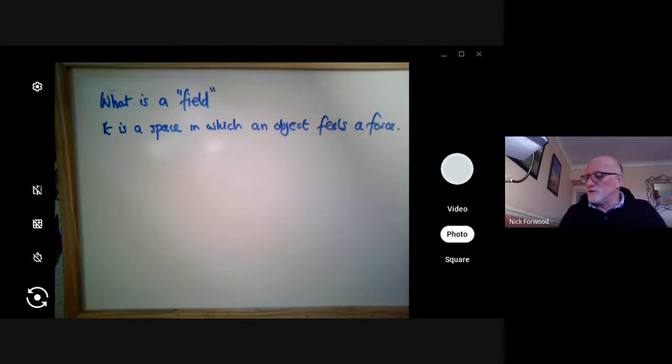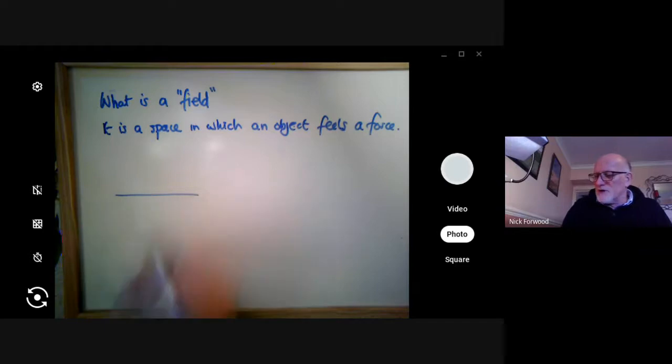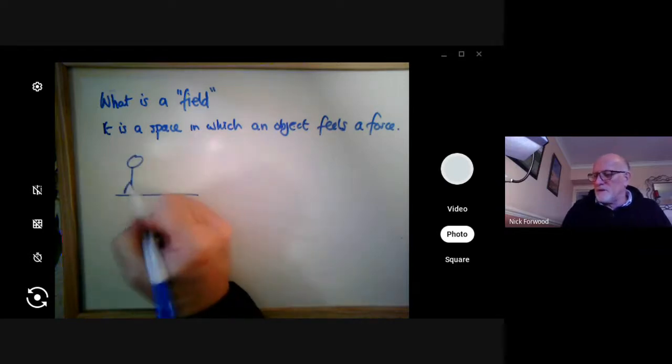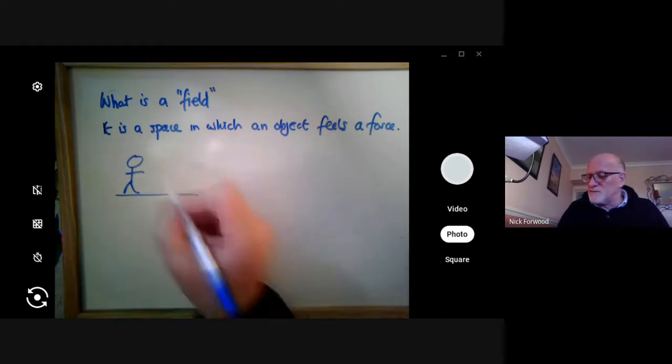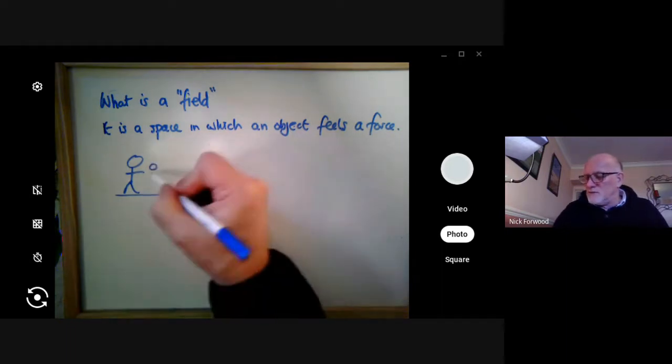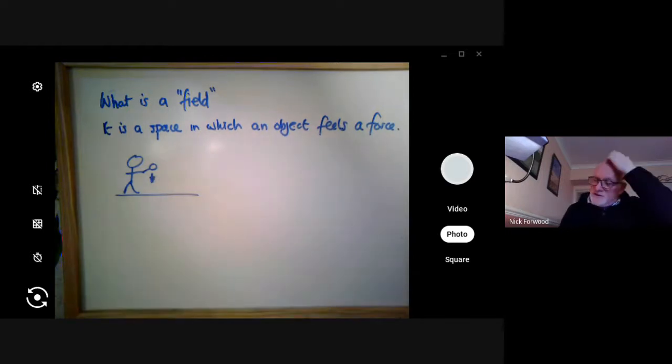You can't see it. But if you're standing on the ground, you're only standing there because gravity pulls you down. If you've got an object and you let go of it, it's going to feel a gravity force, and it will fall to the ground. So in physics, a field is a space in which an object feels a force.